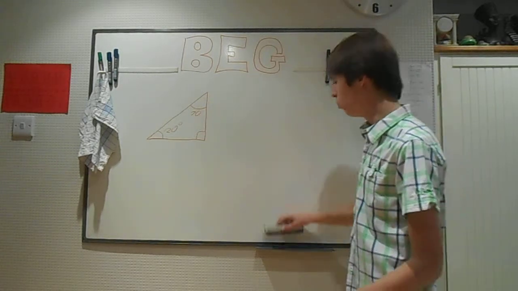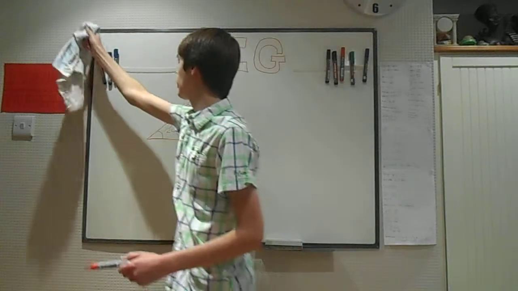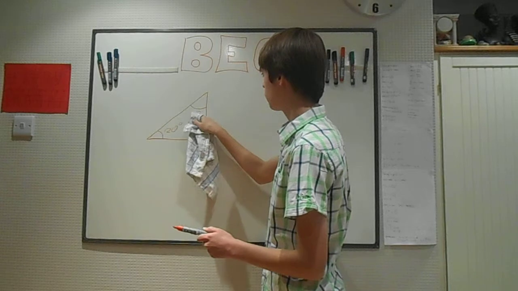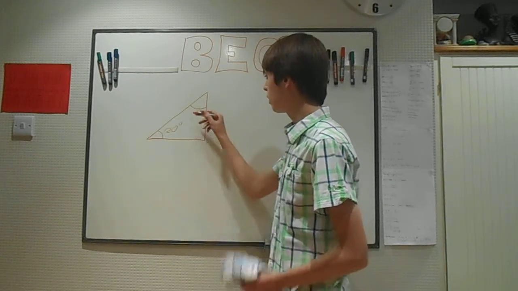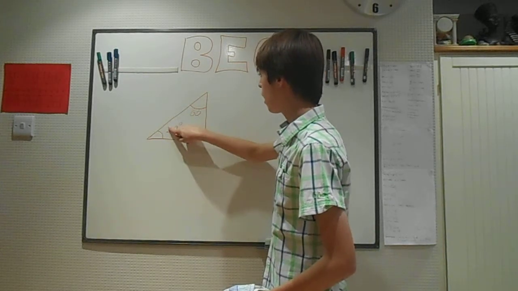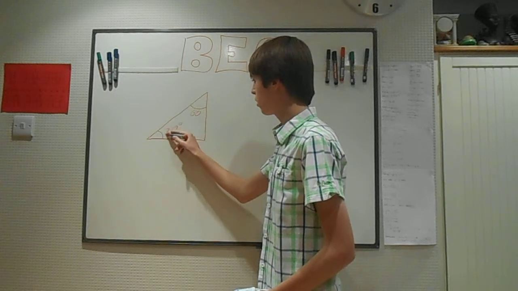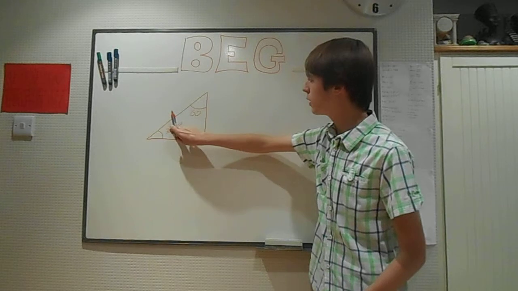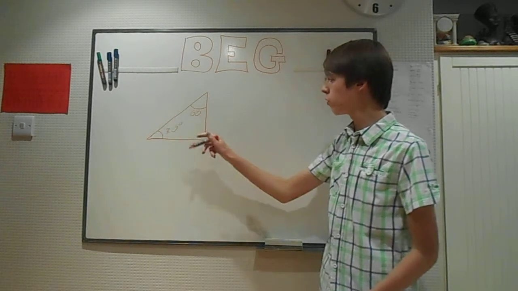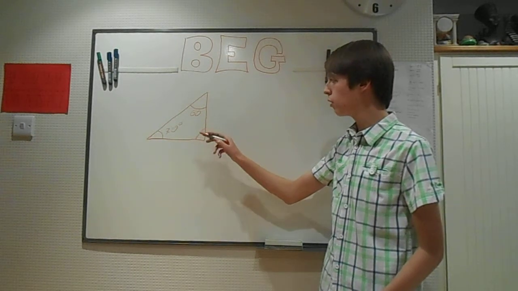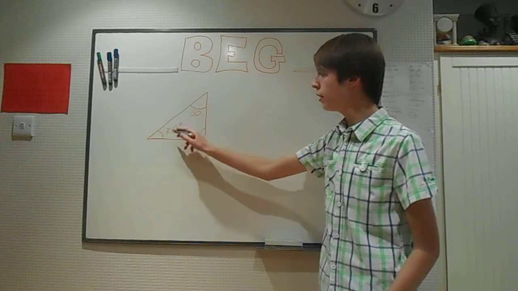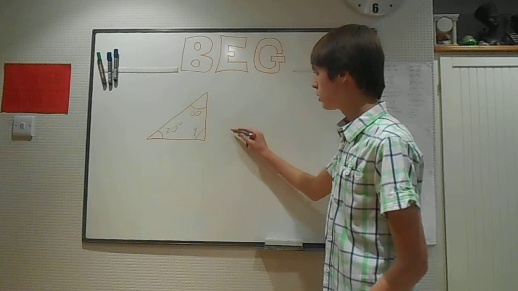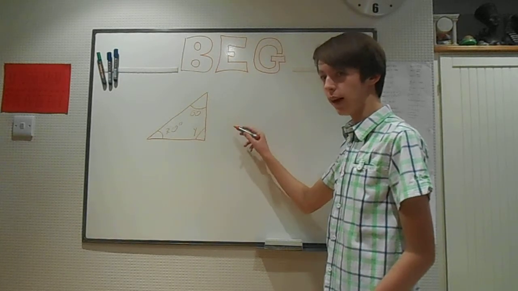For example, say we have the same triangle here, but we don't know that this is a right angle. Say we had 60 and 30. Sorry, that is 30 degrees there. We've got to work out what this angle is. So we know that 30 plus 60 plus, we'll call this one y. 30 plus 60 is 90.